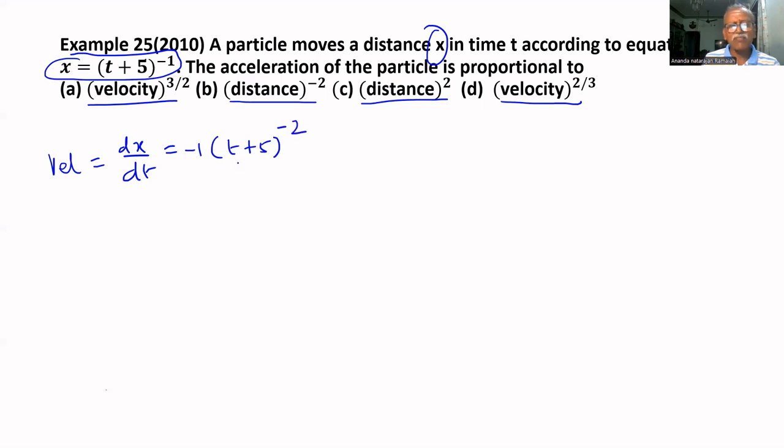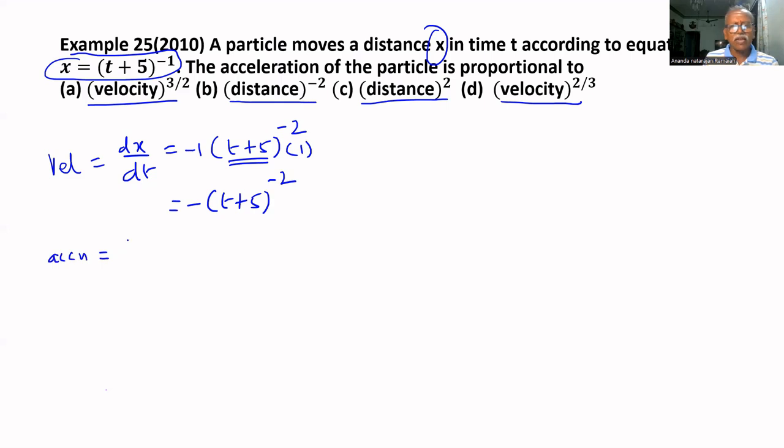If we differentiate a function of a function, it is not simple t, there is something inside, so we have to differentiate this once again. If we differentiate this, t becomes 1, 5 becomes 0, so multiplied by 1. So what you will get is minus t plus 5 to the power minus 2. This is velocity. We have to find acceleration.